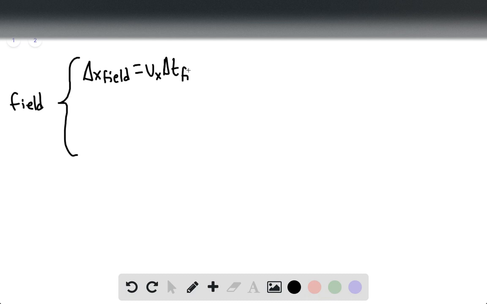So now let's evaluate the field. So everything that goes on in the field. So we have delta x of the field. This is going to equal v_x times the time in the field. So we know that the time in the field is going to be equal to delta x in the field divided by v_x.